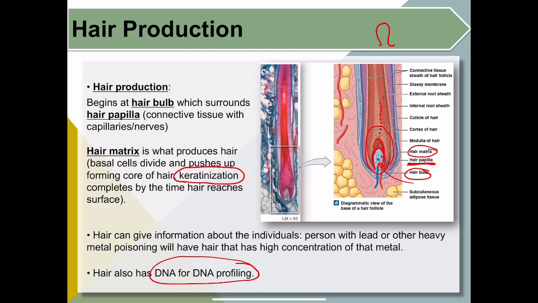But when it becomes a dead cell, going through keratinization, remember, nuclei and organelles disintegrate. So that's why, technically speaking, broken ends of hair, let's say you're cutting hair and you have pieces of hair on the ground, do not have a lot of DNA in them.